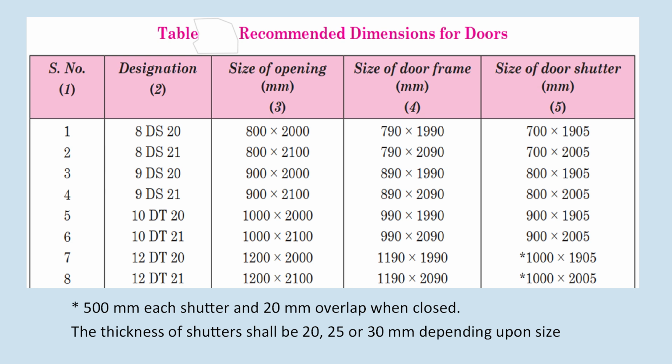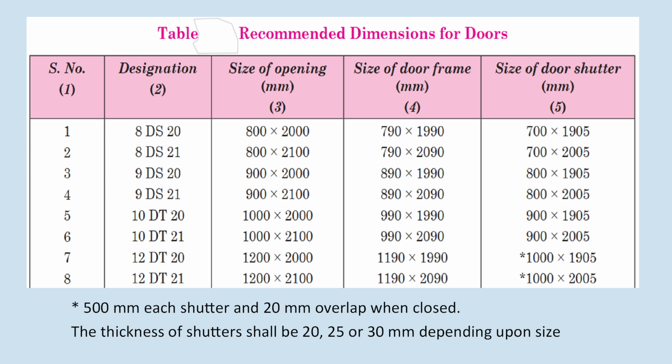One thing which we can keep in mind, in the double shutter the size is given like, if you will see the serial number 7, the designation is given 12DT20. So, size of the opening will be 1200 by 2000, because 12 module will be for width and 20 module will be for height.